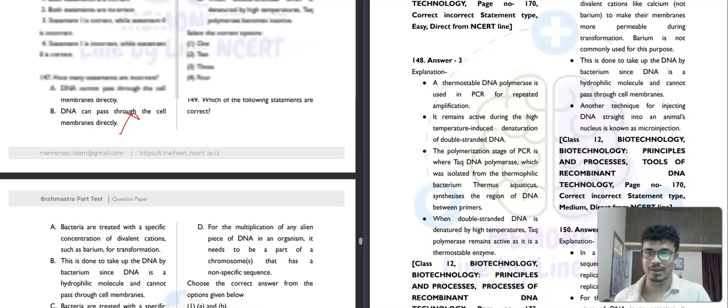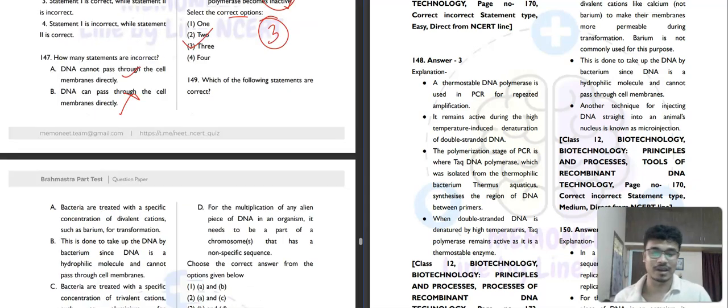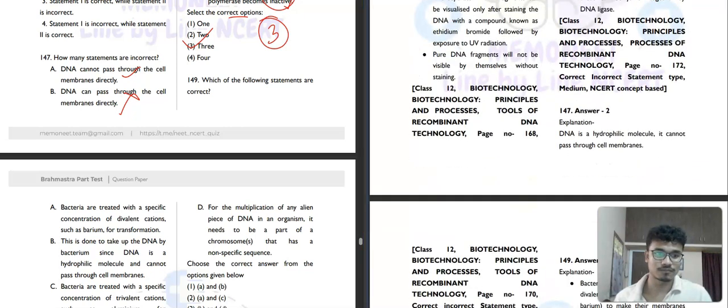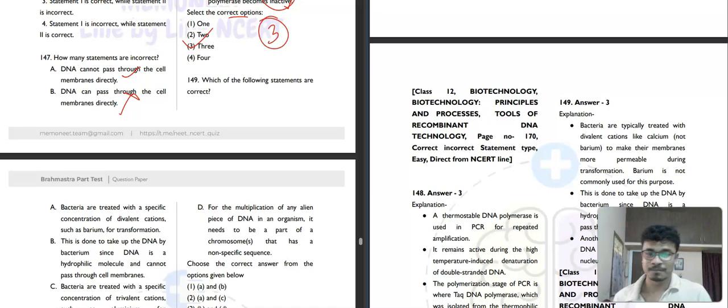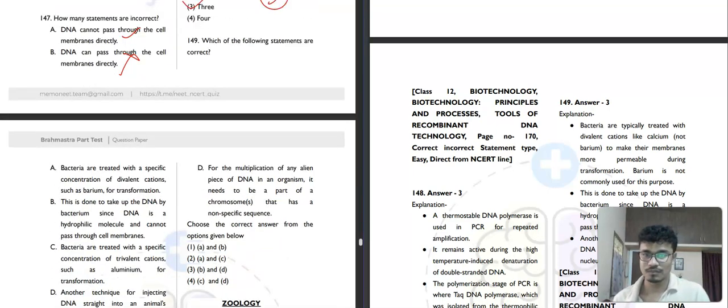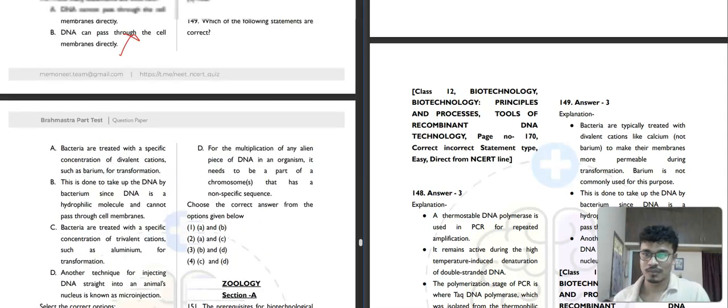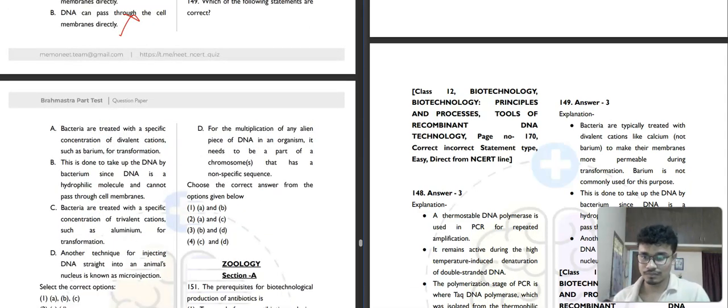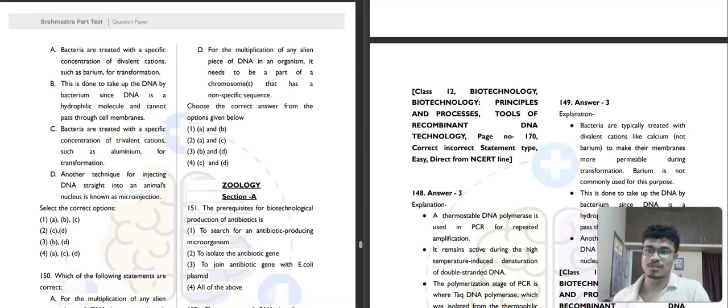Question number 149. Which of the following statements are correct? Let's see the question now. Yeah. So bacteria are treated with a specific concentration of divalent cation such as barium for transformation. So this barium is not commonly used for this purpose basically. Okay, so divalent cation like calcium can be used.